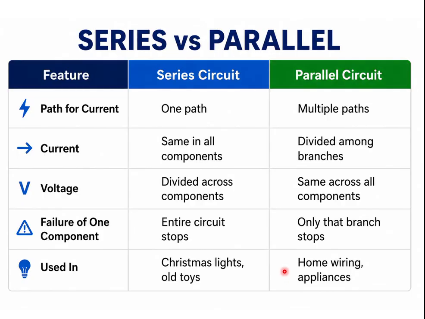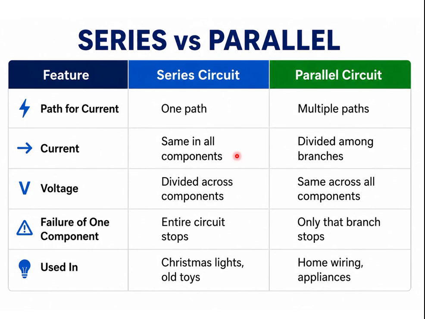So the most important thing for you to know is that in parallel circuits, the voltage is the same but the current is different. In series circuits, current is the same, voltage is different. So that is it.